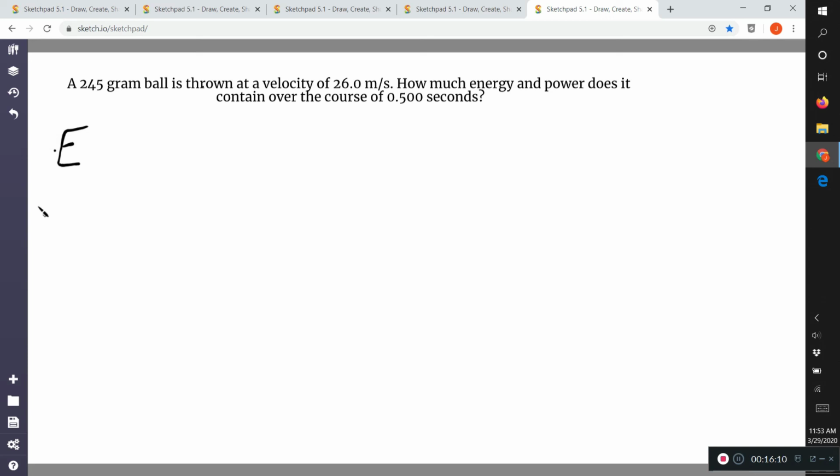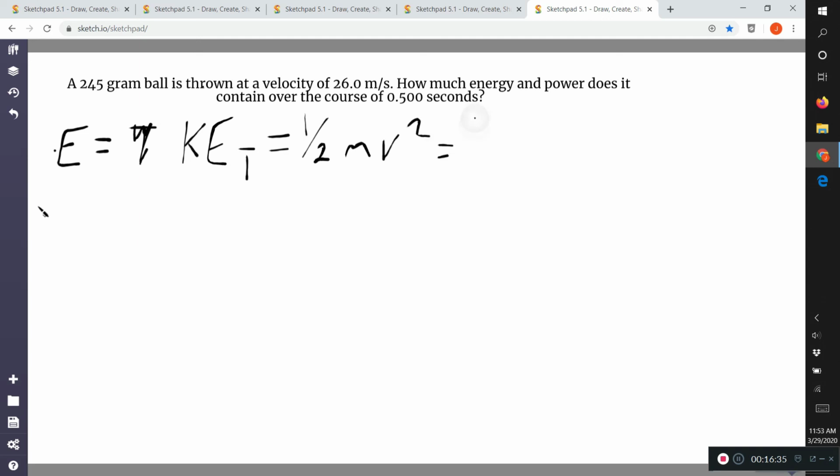We have the mass of the ball and the velocity, and we talked about how energy for a moving object is essentially the translational kinetic energy, which is 1/2 mv squared.